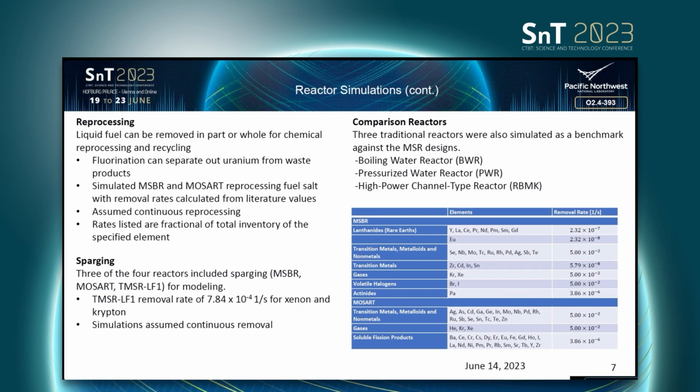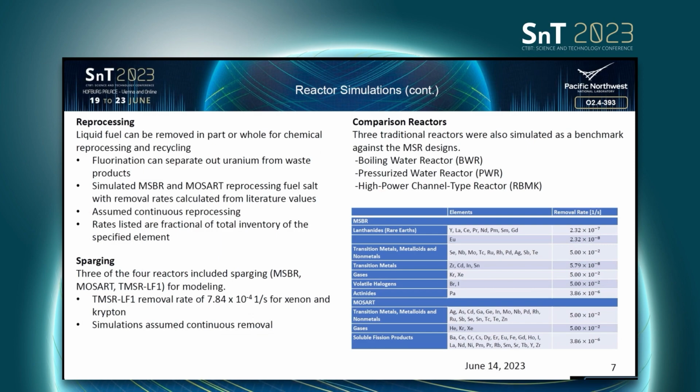There's also sparging, like the MSRE. 3 of the 4 reactors include sparging in their proposals: the MSBR, Mozart, and the TMSR LF1. The TMSR LF1 has an actual removal rate proposed. So this is also assumed to be continuous in these processes for simplicity.